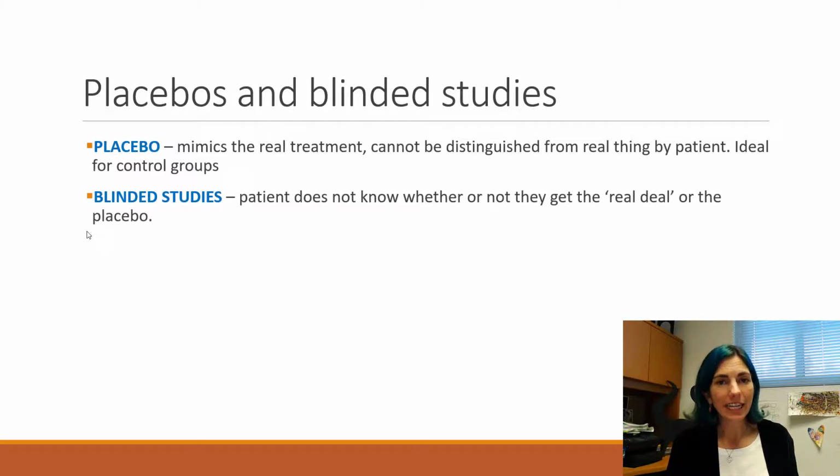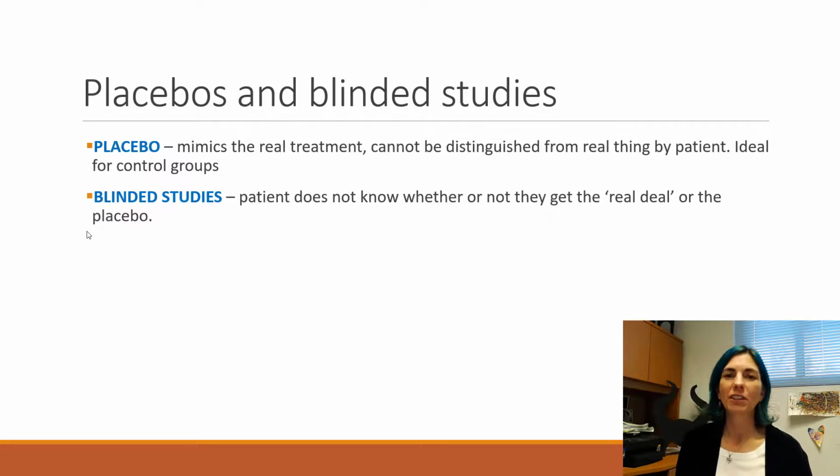And it's necessary because as patients, especially if we're doing some sort of self-reported, I feel better, I'm sleeping better, I can smell better, you already have a preconceived notion about whether or not something should work. So blinded studies in conjunction with placebos reduce or eliminate the bias from individual participants.